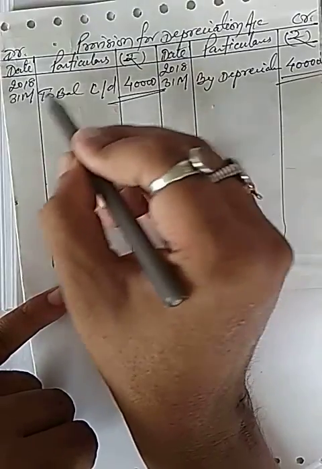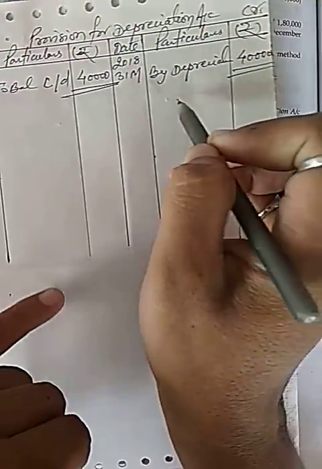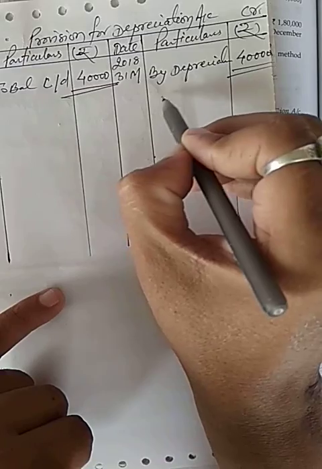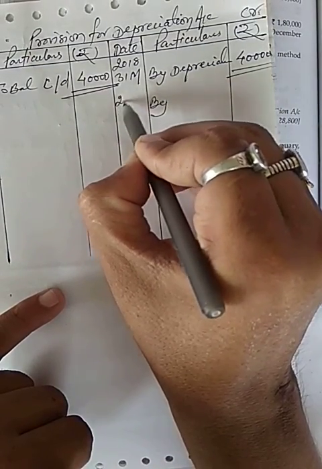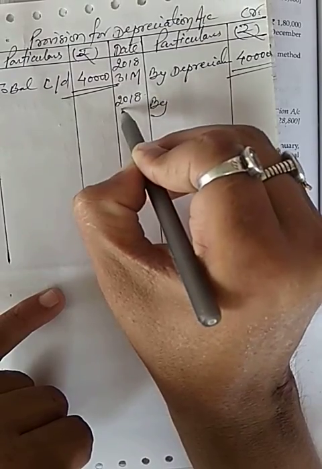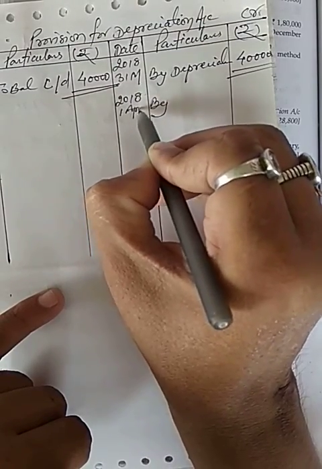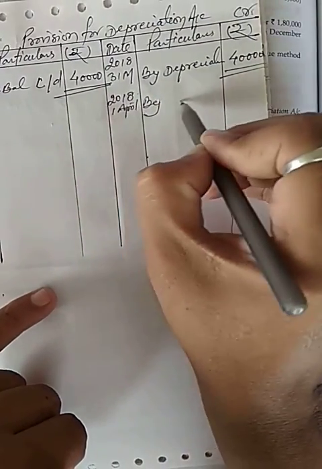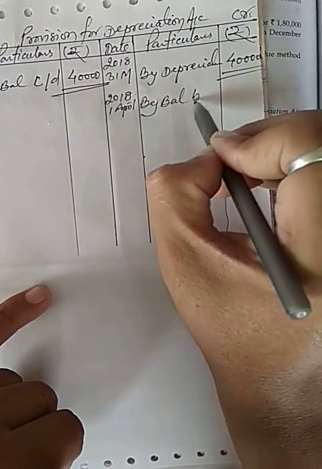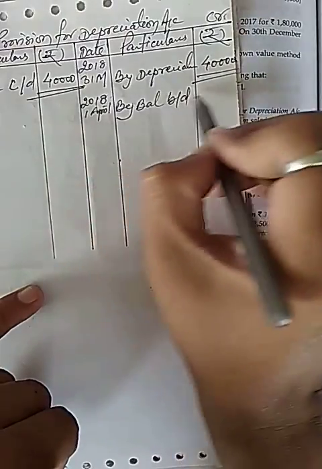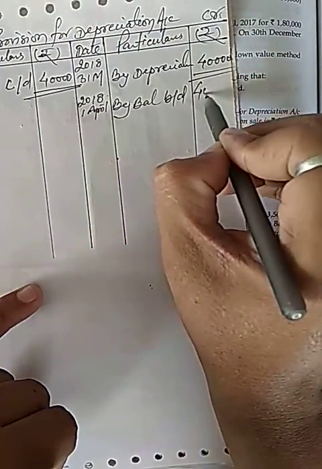Now the balance will be transferred to next year, so it will be by balance BD on 2018 1st April 40,000.